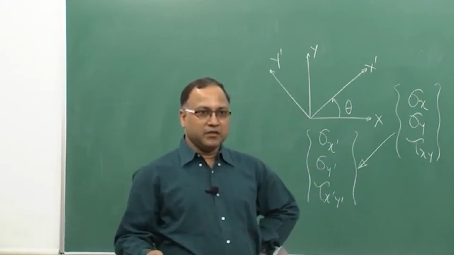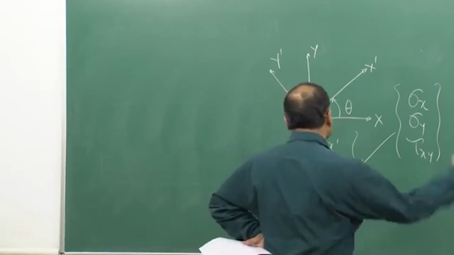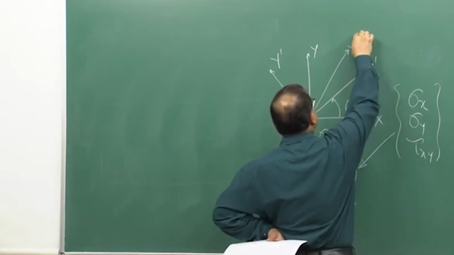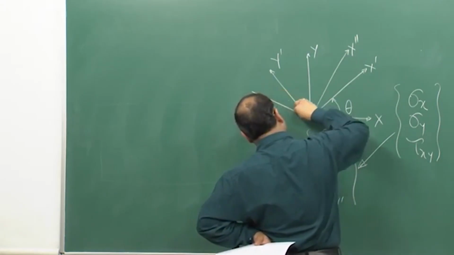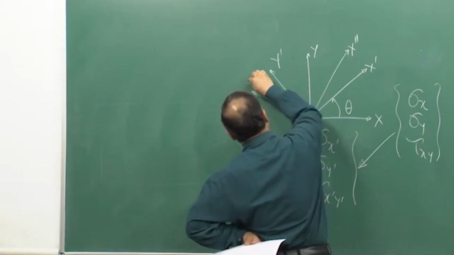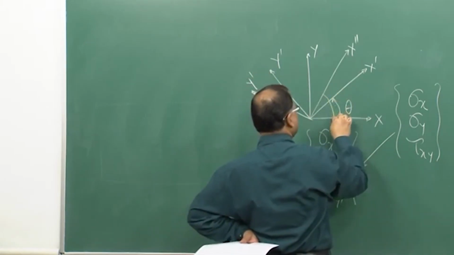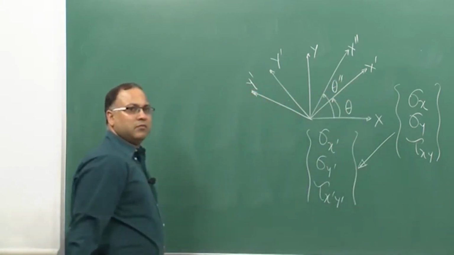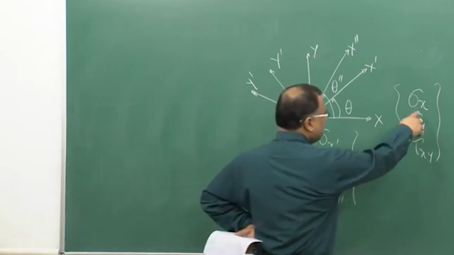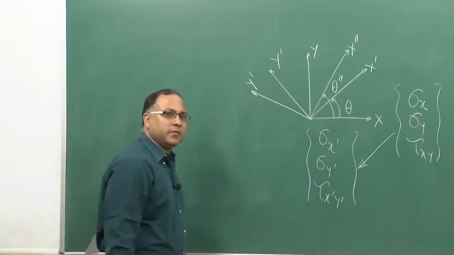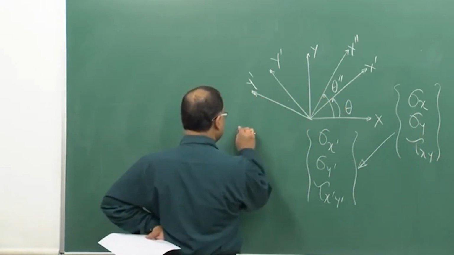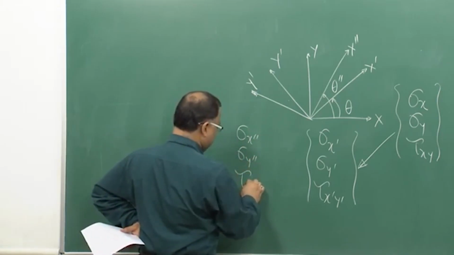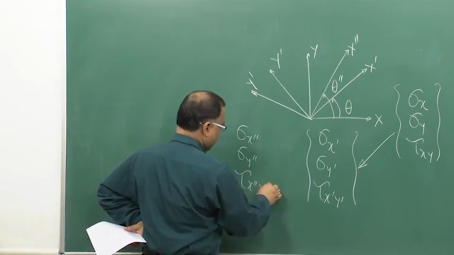angle theta. Similarly, if you define another arbitrary coordinate system, say x double prime, y double prime, with angle theta double prime, by knowing sigma x, sigma y and tau xy, can I get sigma x double prime, sigma y double prime and tau x double prime y double prime?